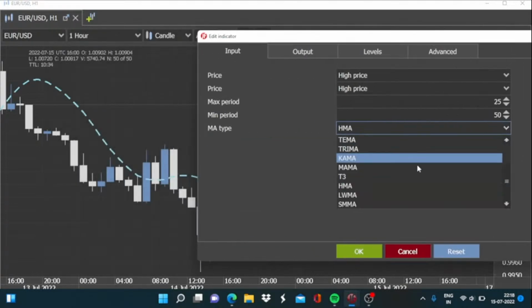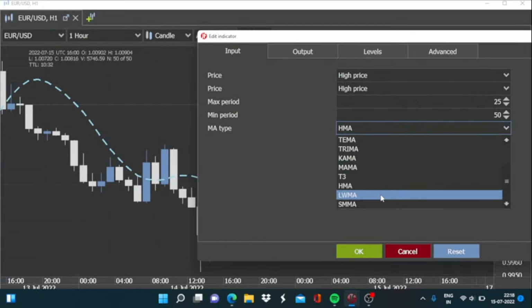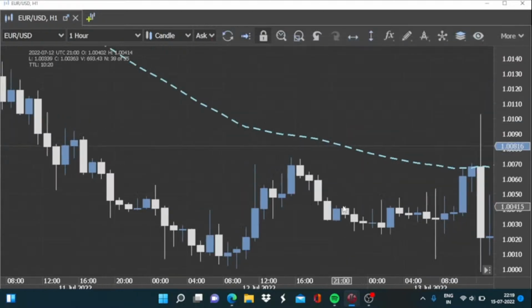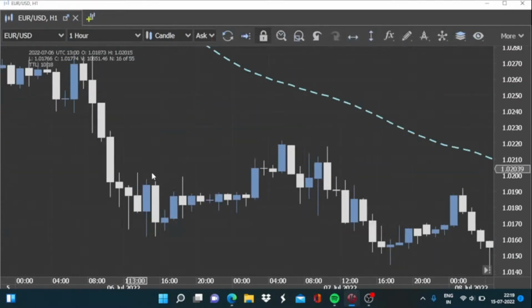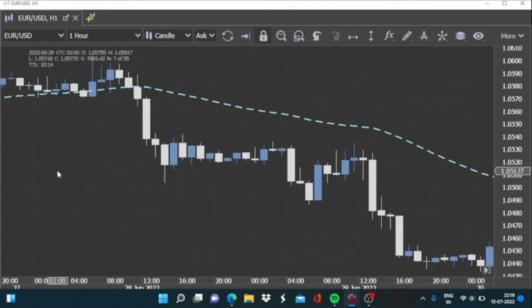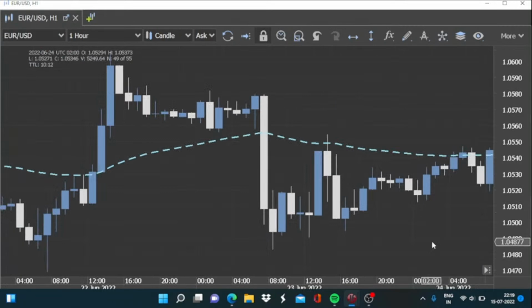All right. So we now see what kind of changes are observed on the chart when we go for the linear weighted moving average. It has become a lot flatter, the SMMA. So when we apply the SMMA, the responsiveness is a lot lower. We have a lot of lag compared to the other moving average types.